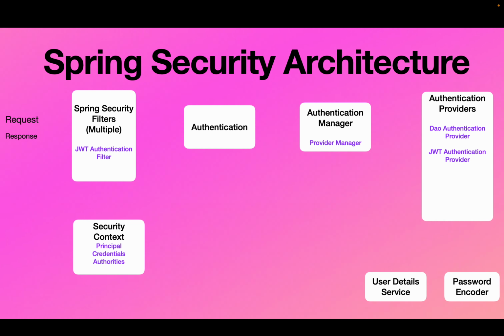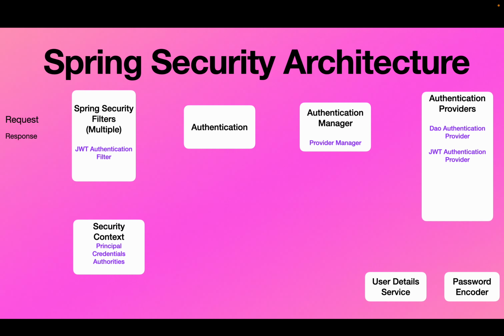Why? Because while implementing Spring Security with OAuth, or with JWT, or with a username and password stored in the database or LDAP, or whatever the authentication method that we use, we will override few or most of these methods in our implementation of OAuth or JWT.